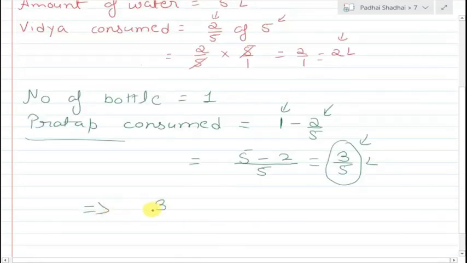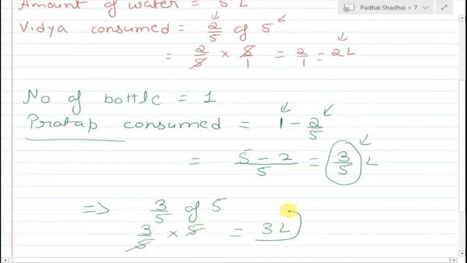Okay, so the amount is equal to 3 by 5 into total water, that is 5 liters. 3 by 5 of 5, so 3 by 5 into 5, 5 cut out, so the amount of water Pratap consumed is 3 liters. Okay, and Vidya consumed 2 liters.